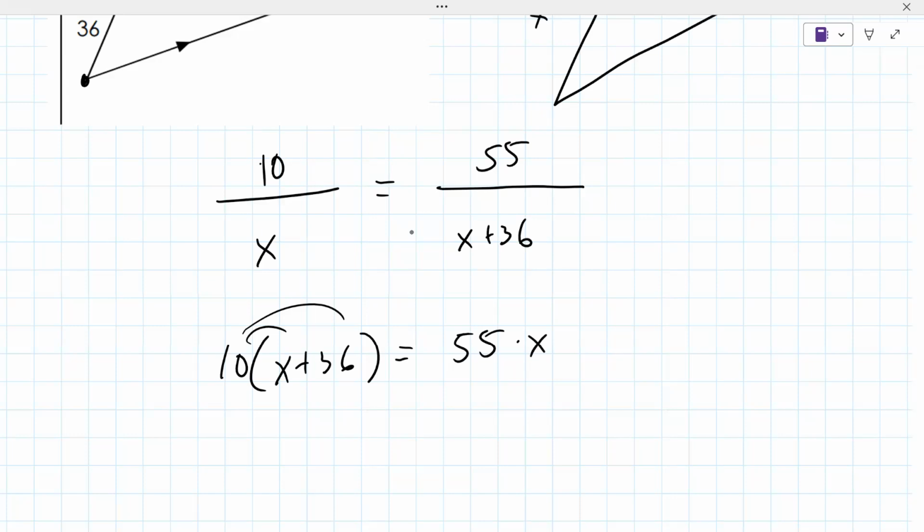Okay, so it'd be 10x plus 560... How did you get it? It's 36, right? Oh, it's 360. Yeah, 36. All right, so keep solving. Let me know what you come up with.